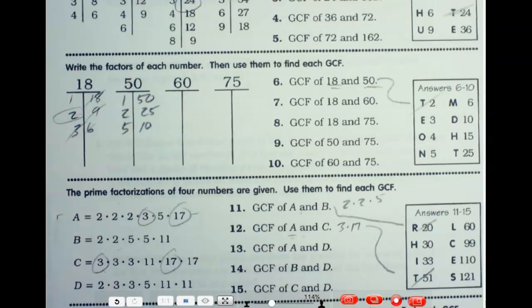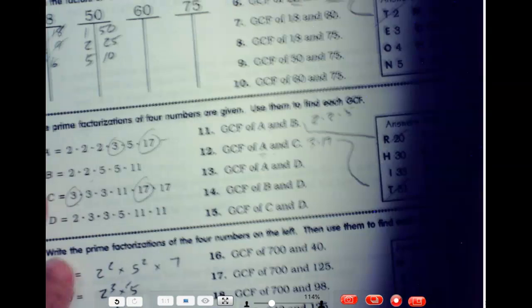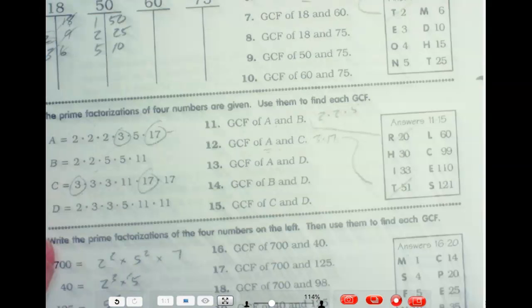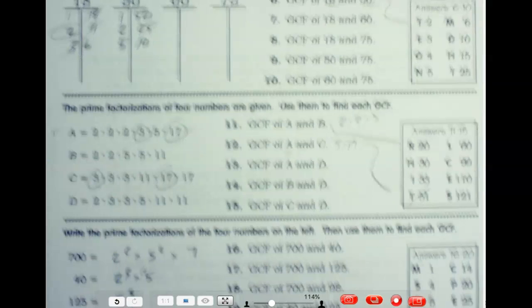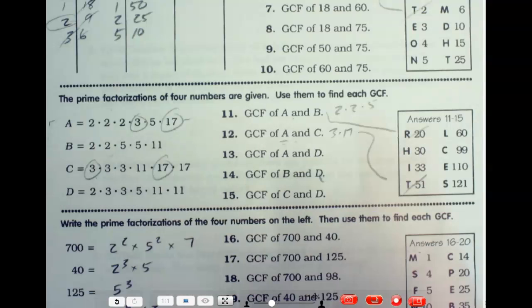And that's the way they work. Let's go down and do the very bottom. This one I already did a little bit of work on for you. I wrote down the prime factorization for those numbers to save us a little time on this video. So this time we're looking at the greatest common factor between 740 and the other number.